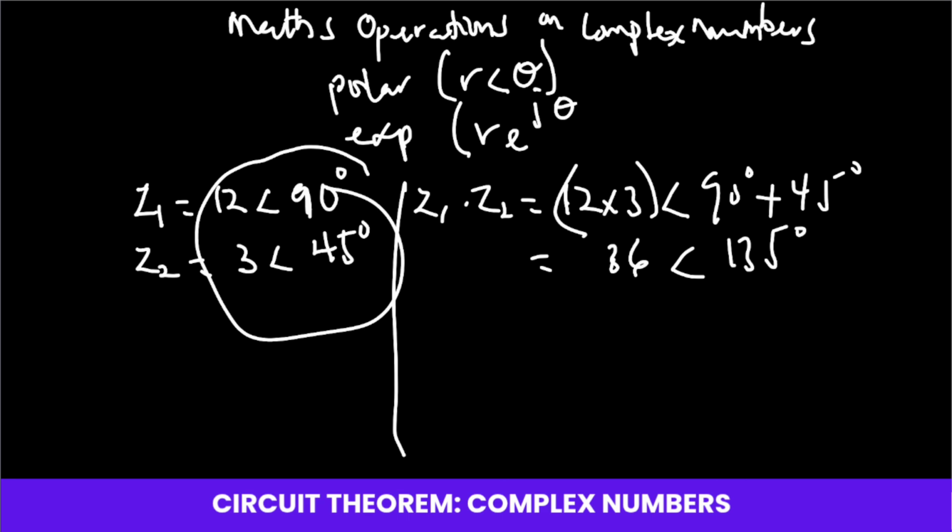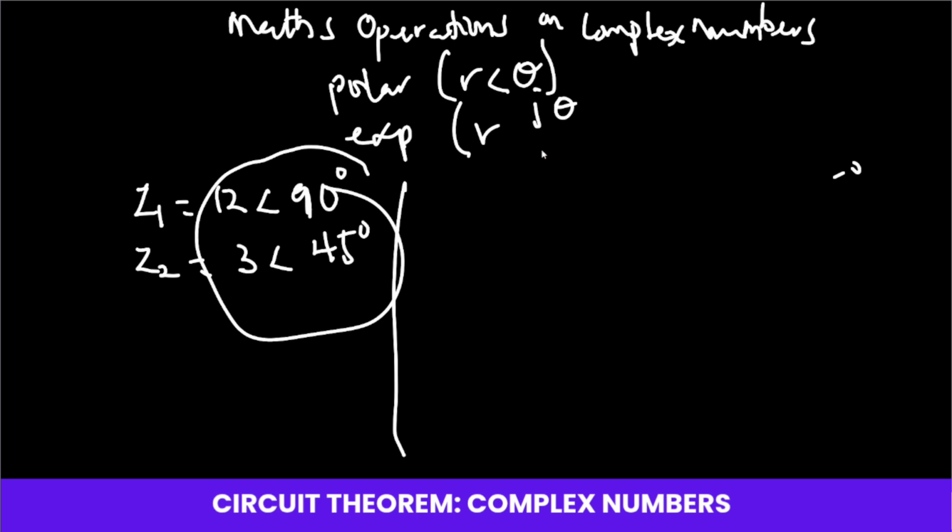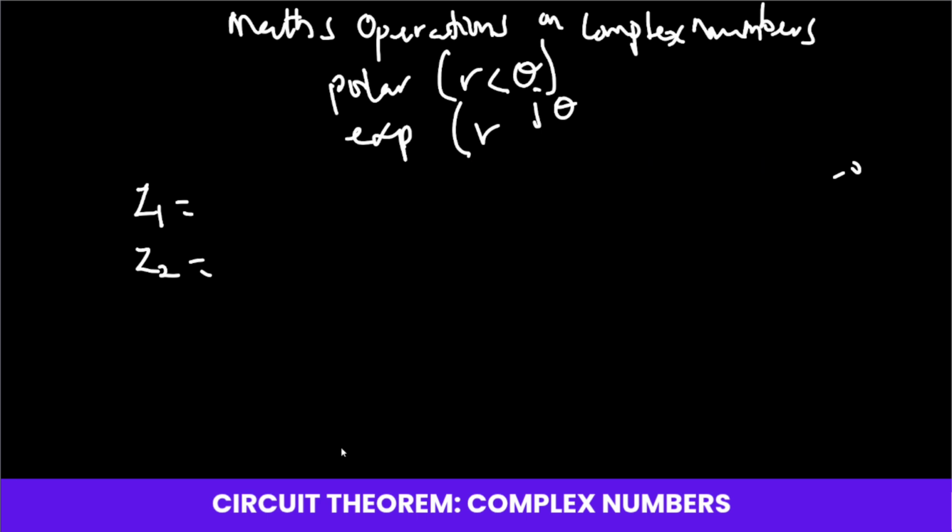Okay. Also, supposing this was given to you in, say, 12e exponent j 90 degrees. The degree sign should be there, because if the degrees is not there, it's supposedly a radian, so the degree should come to show that it's an angle.